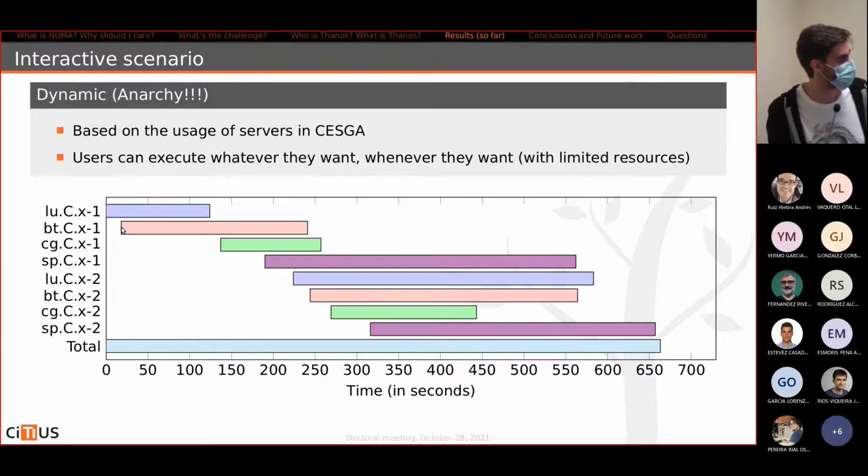After some seconds, another user sends another program. After an arbitrary amount of time, another user sends another program, and so on. Here, affinity and locality are very important because there are a lot of processes coming in and out of the system.